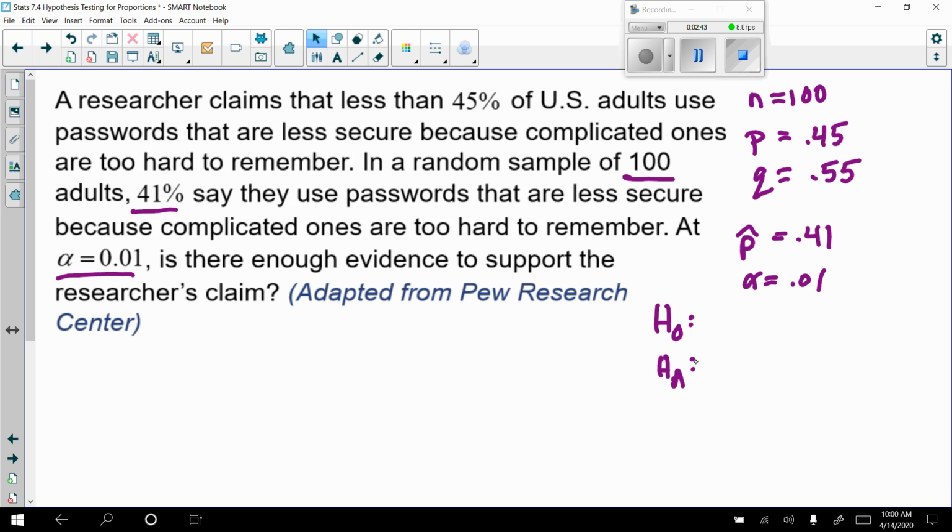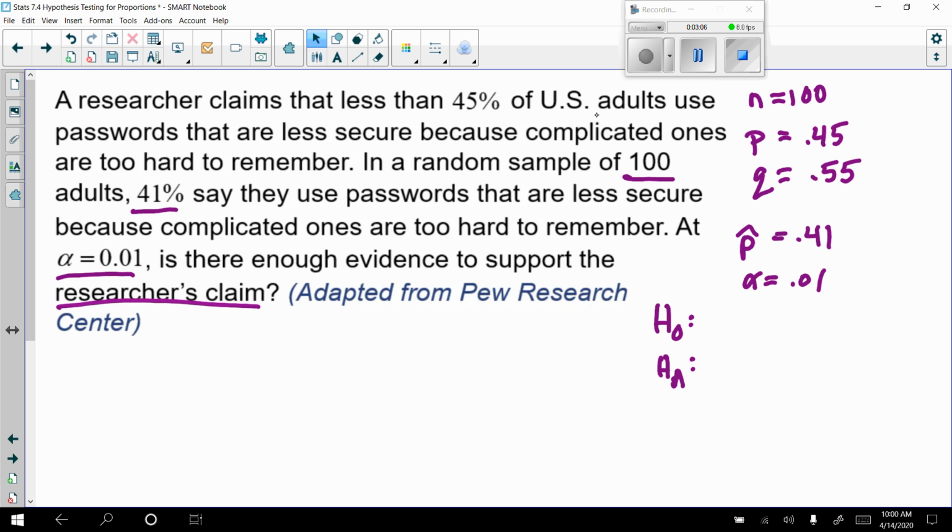We are supposed to decide if we can support the researcher's claim that he thinks less than 45% of US adults use passwords that are less secure because complicated ones are too hard to remember.